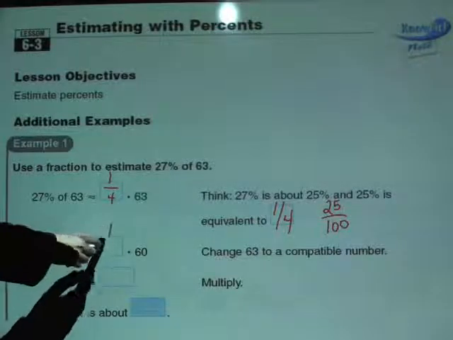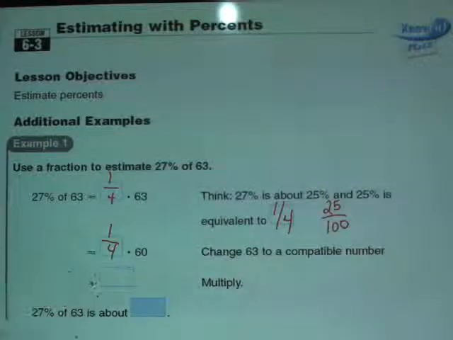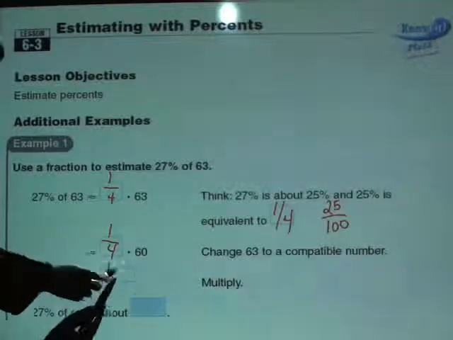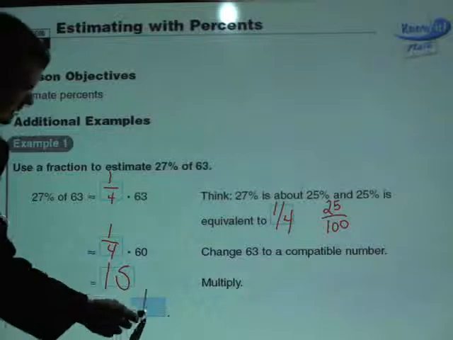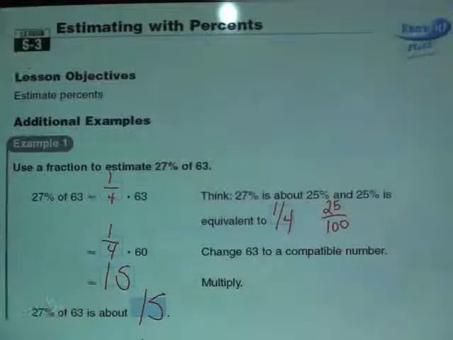So this is really a fourth of 60. Or in other words, divide 60 into 4 parts and see what the result is. Well, if I divide 60 into 4 parts, the result is 15. 15, 30, 45, 60. So a fourth of 60 being 15, they're going to estimate 27% of 63 to be about 15.